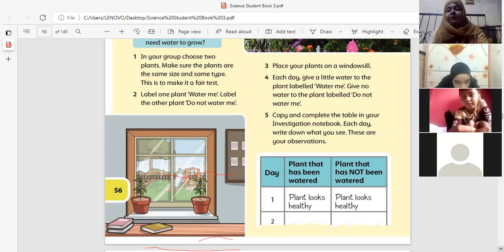Why is it important? Because they want water and sunlight every moment. Definitely. Without light and water.